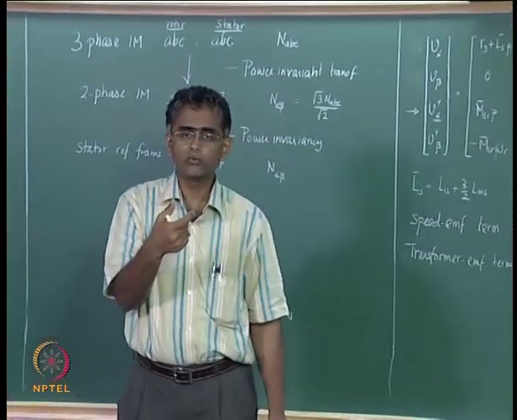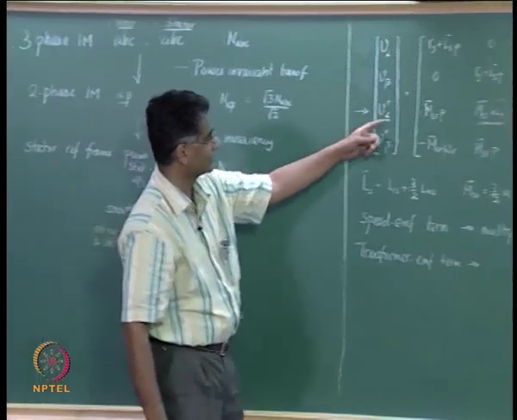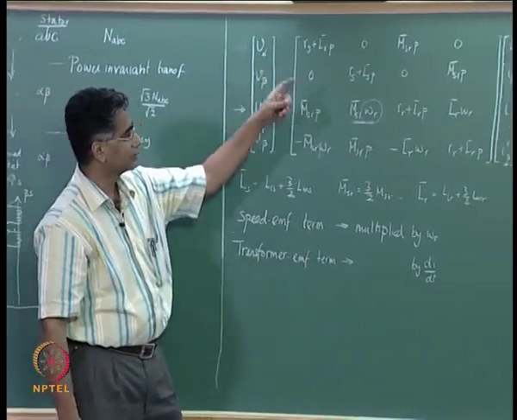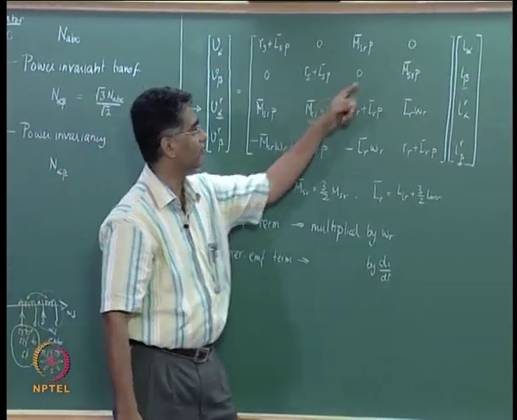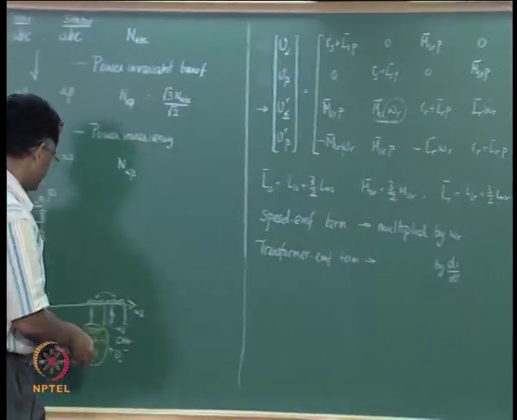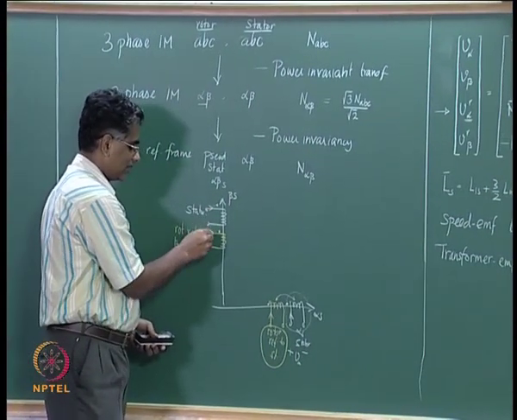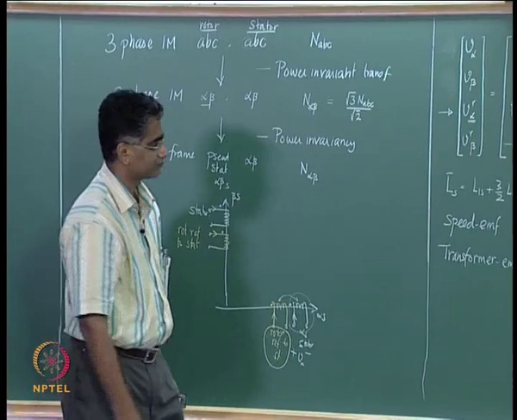So the voltage equation of a pseudo stationary coil on the alpha axis now has speed EMF terms due to flow of I in an axis 90 degrees away. Therefore this has speed EMF terms due to this current and this current.